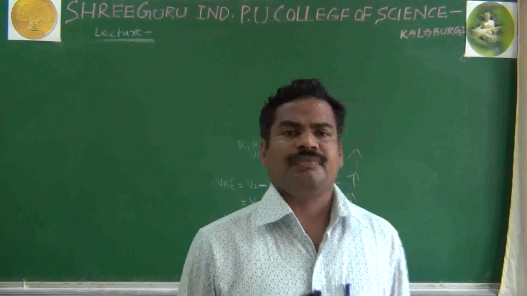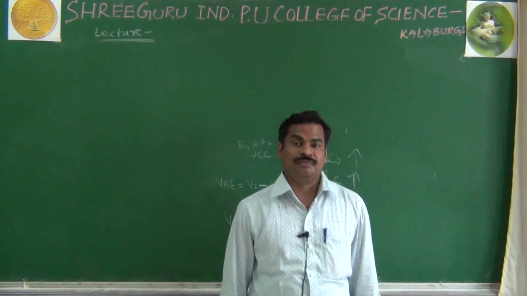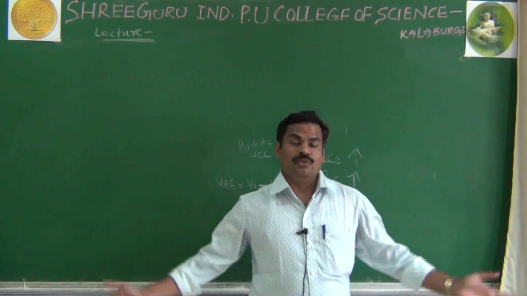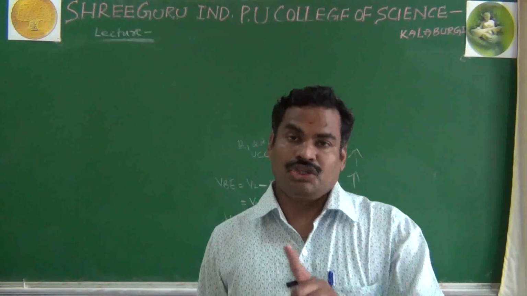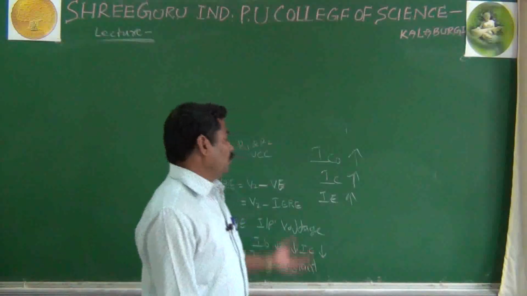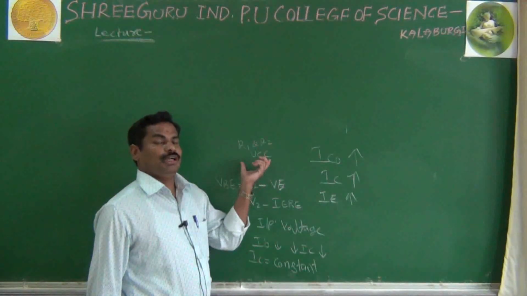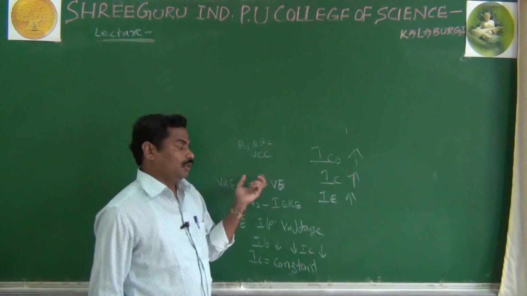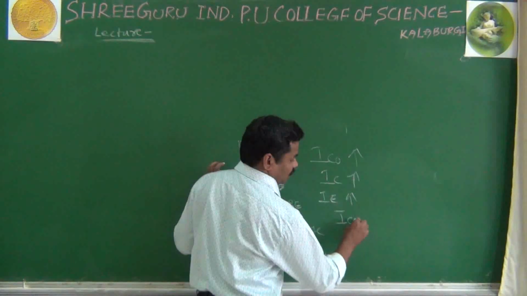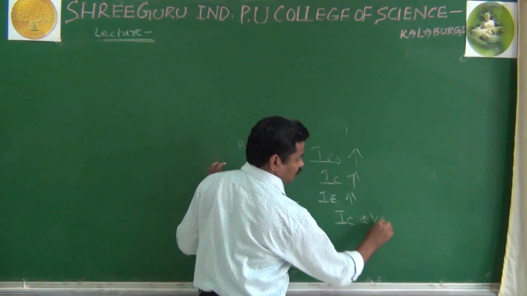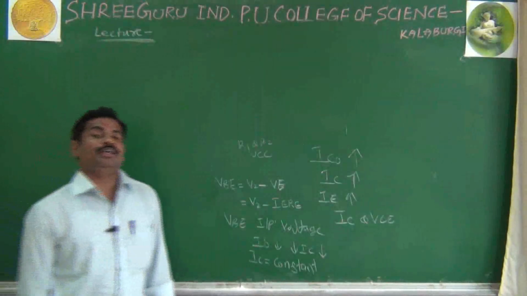And finally, what are the advantages? They may ask this question in your exam for 2 marks. What are the advantages of voltage divider biasing? First, the important thing is that the Q point is always in the middle of the active region, and the output voltage VCE and output current IC are independent of beta.